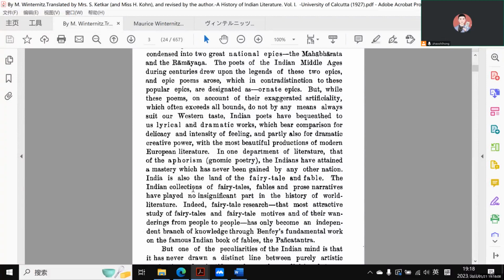So that's the very great power of ancient Indian literature. Very famous, very powerful, and it has affected almost everything in our life.